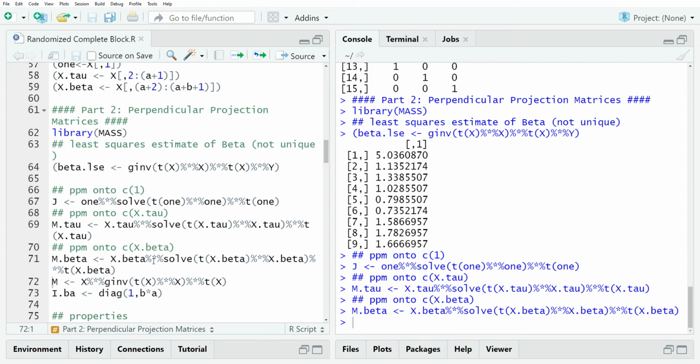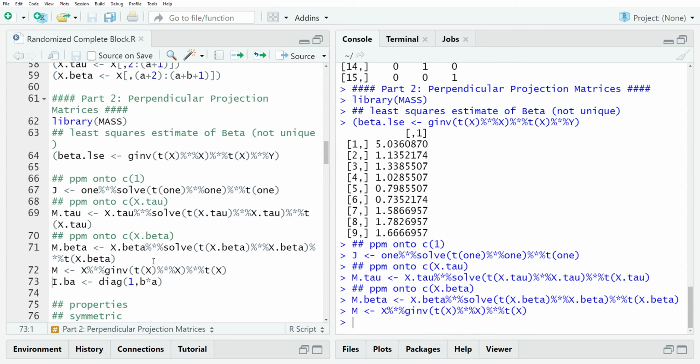M beta is the perpendicular projection matrix onto the column space of X beta. M is the perpendicular projection matrix onto the whole design matrix, so the column space of X. I_BA, so that is the identity matrix of dimensions A times B.